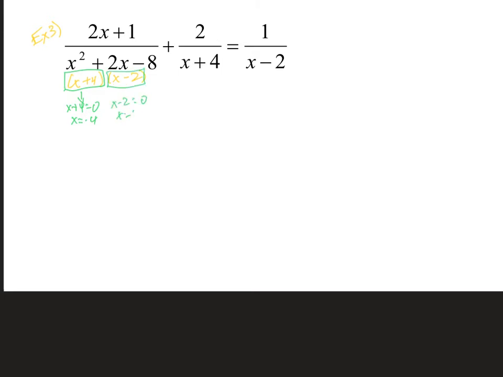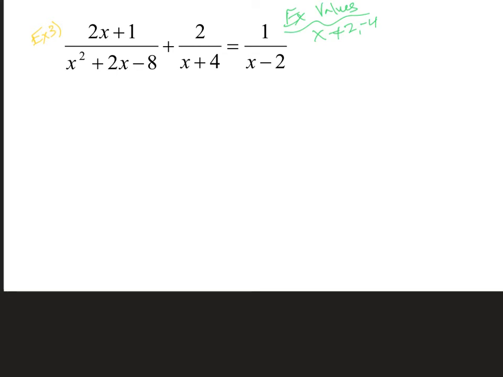Add 2, so x is equal to 2, right? So my two excluded values here are x cannot equal 2 and negative 4. Remember, they can't equal those because if they did, they would make that equation undefined.